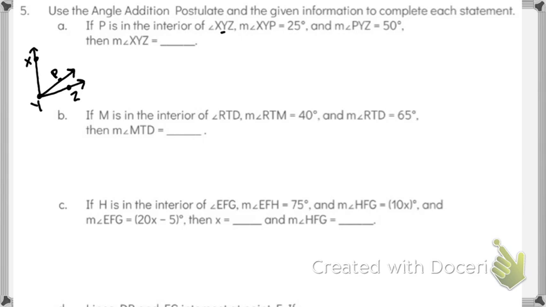Let's write everything else out. XYP, this top one right here, is 25 degrees. And then PYZ, this one right here, is 50 degrees. I didn't leave myself a lot of room, but that's okay, we'll just write it right there, 50 degrees.